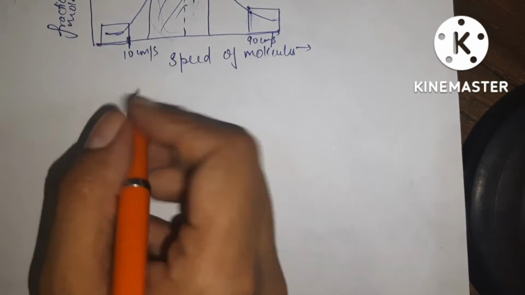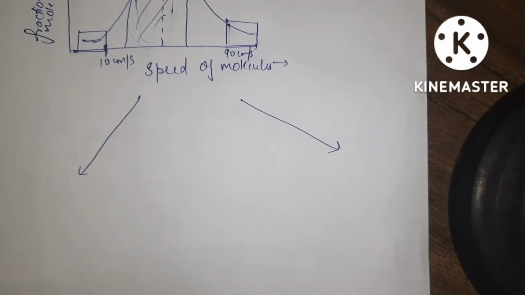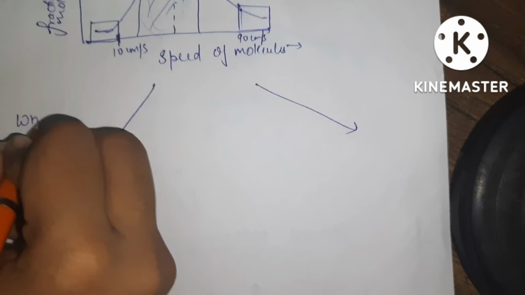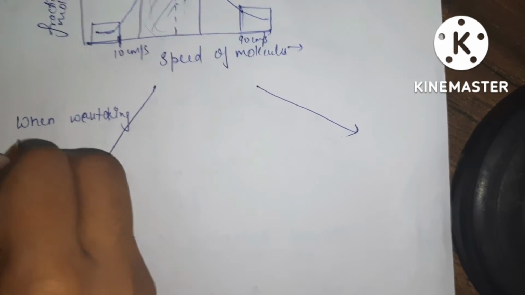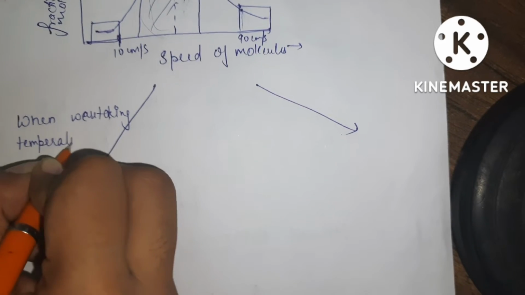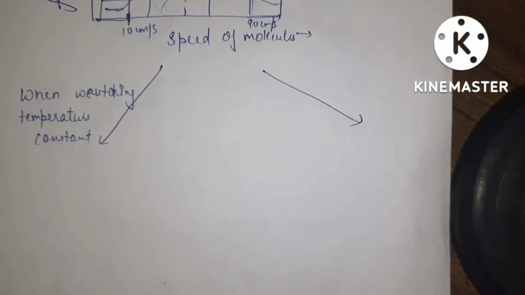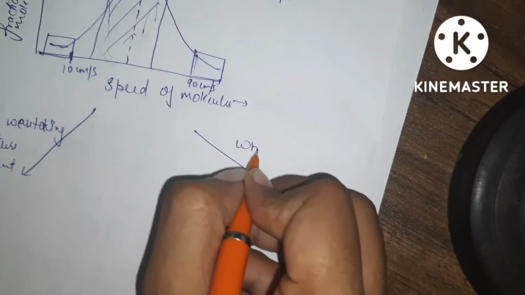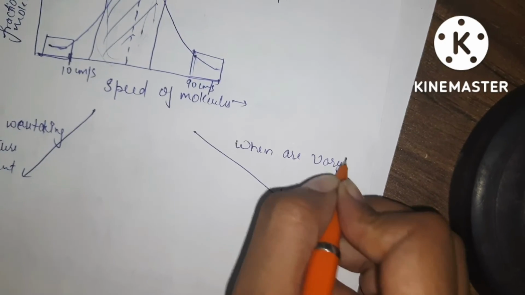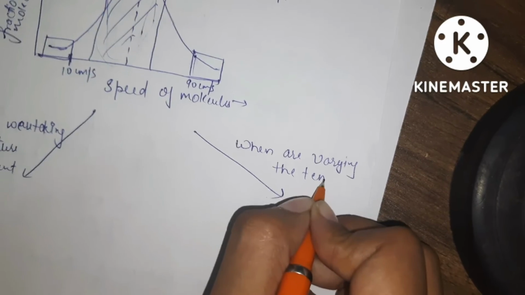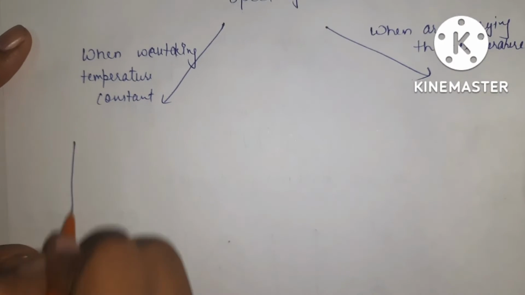Now we can plot two graphs: one when we are taking temperature constant but the molecular mass of two gases is different, and the other when we are varying the temperature, meaning temperature doesn't remain constant. So we have two types of graphs in this.